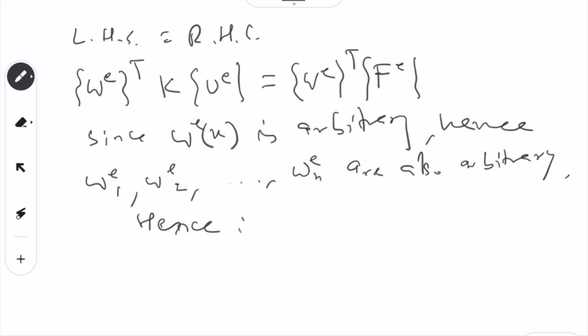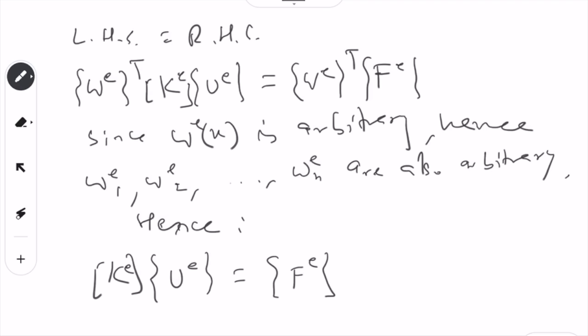Hence K, the matrix K_E, U_E is equal to F_E. So this is how we derive it.